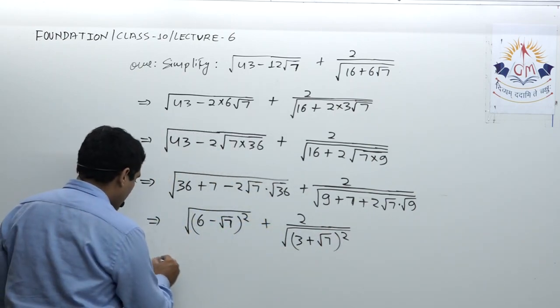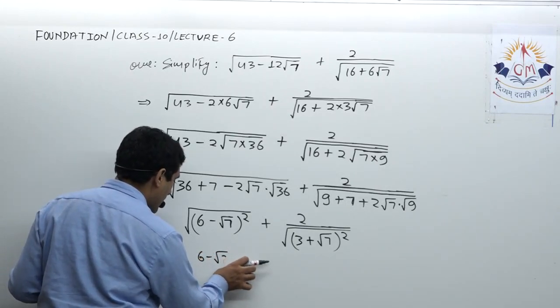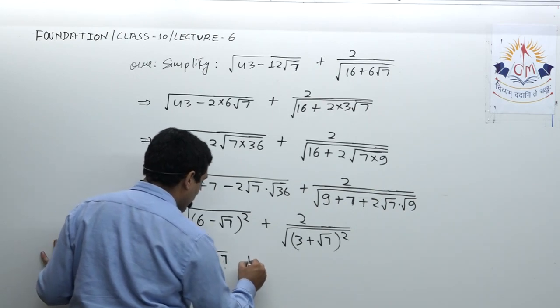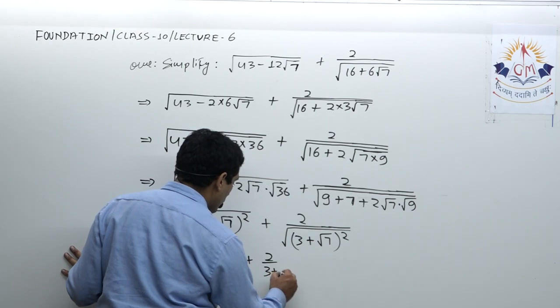So here what I will get is 6 minus root 7 plus 2 upon 3 plus root 7.